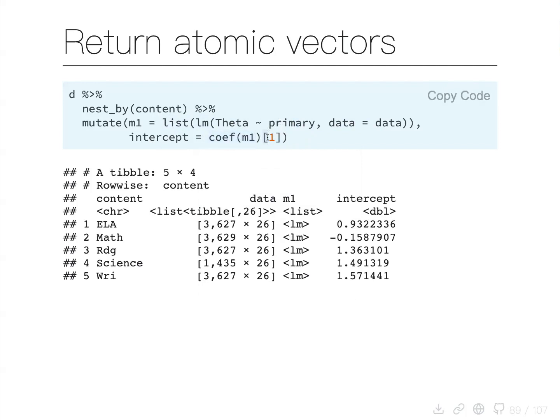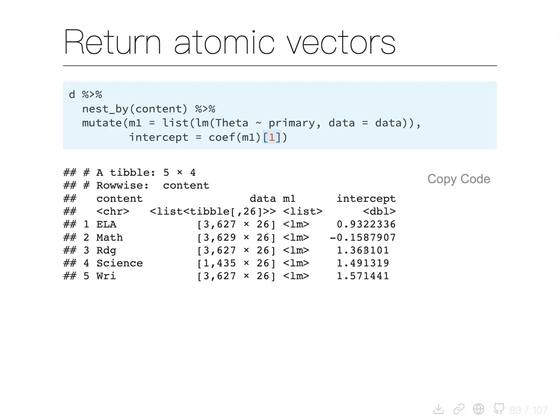And then I'm saying, give me just the first coefficient. And that gives me this. Notice I do not have it wrapped in list this time because it's returning something where each iteration, it's returning something of length 1. And furthermore, each of those return values are of the same type. They're all of type double. Okay? Questions?